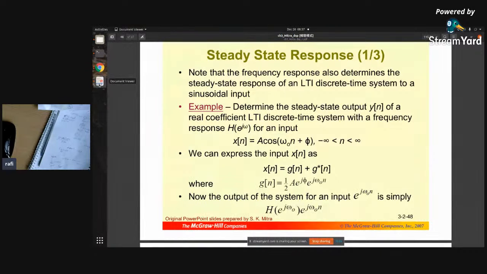If it is audible, please type in the chat. Okay, fine.